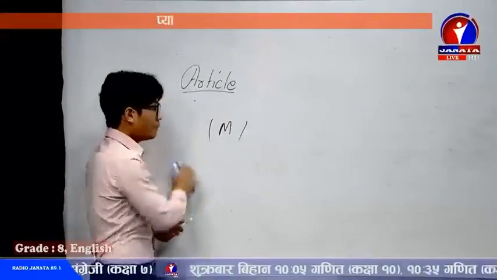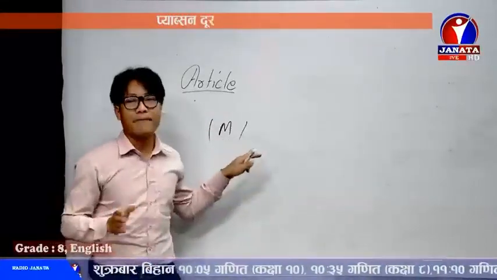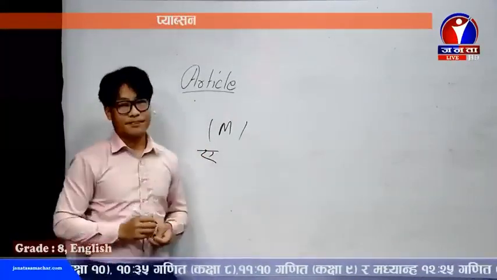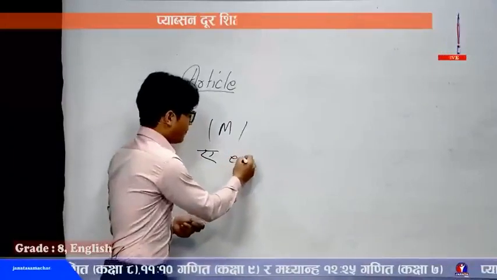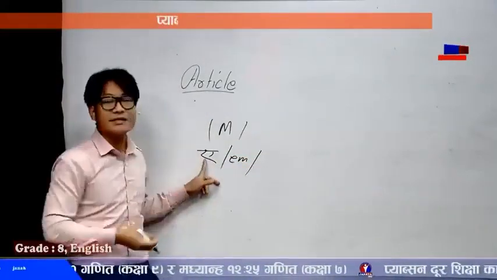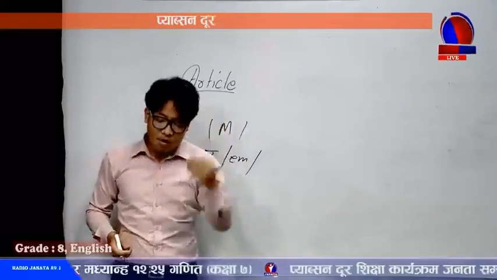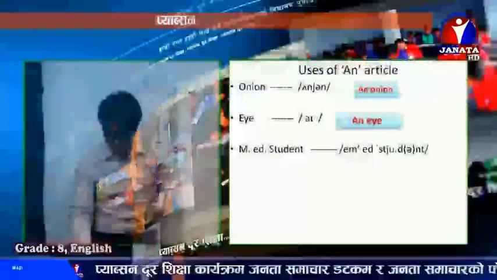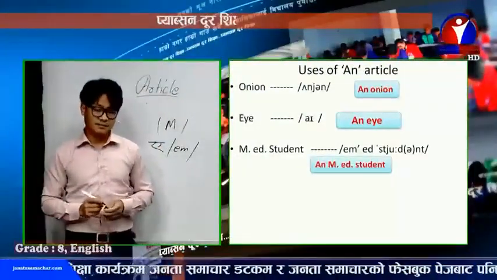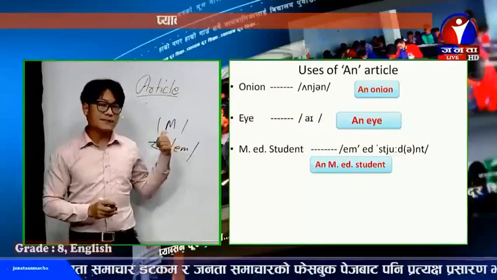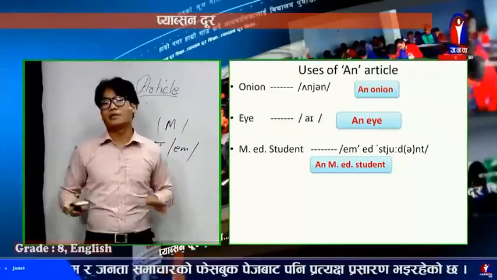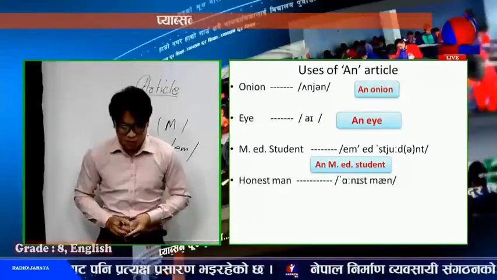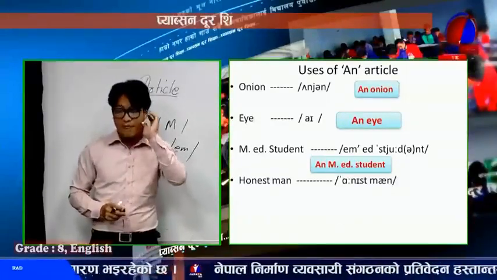And how we pronounce this letter is em, and it starts from this sound, which is a vowel sound. So we must be sure here that an M.A. student takes an. So the letter doesn't matter here; what matters is sound.